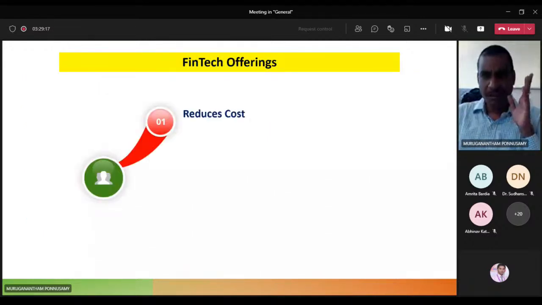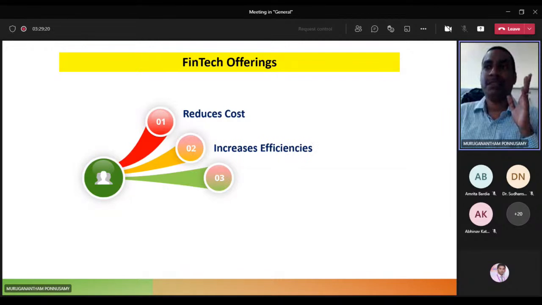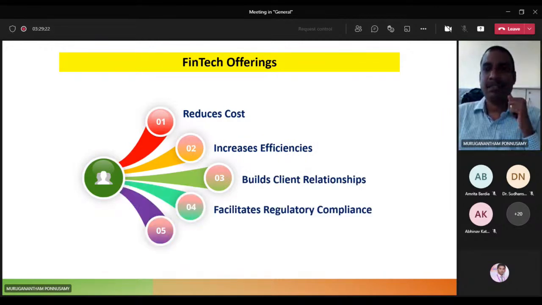As I said multiple times in the previous minutes, it offers reduced cost, increased efficiency, trust among the clients, facilitating compliance with the regulatory authority, and more than all, huge security. Of course, security has been a concern for a longer period of time.